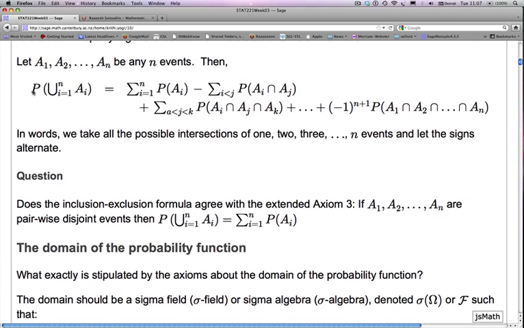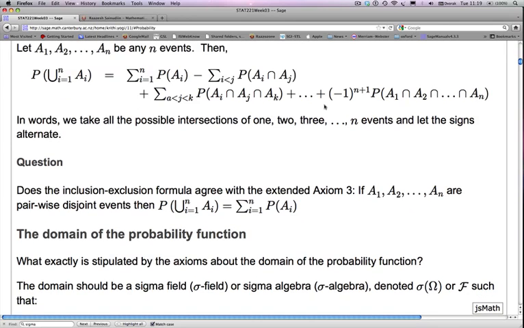It's asking if this formula upstairs, the inclusion-exclusion formula, simplifies to this formula. See, the left-hand sides are the same for these two formulas. Does this formula simplify to this formula if we actually have pairwise disjoint events A1, A2 up through AN? Well, pause the video and make sure you can understand and answer this question. Go ahead and pause the video if you haven't already and try to answer this question.